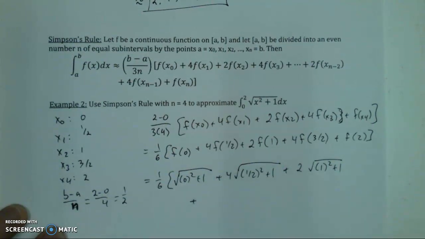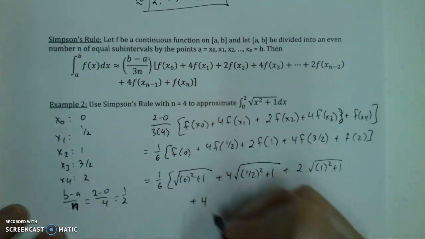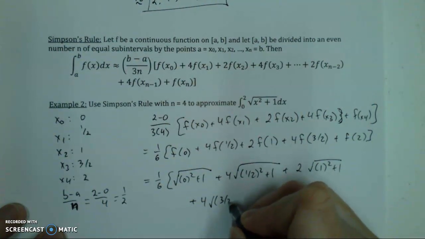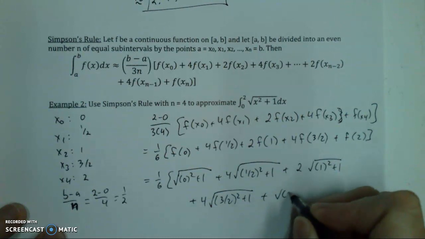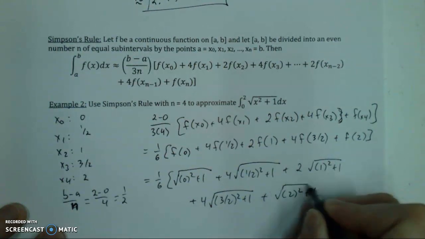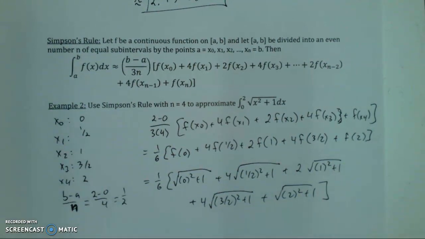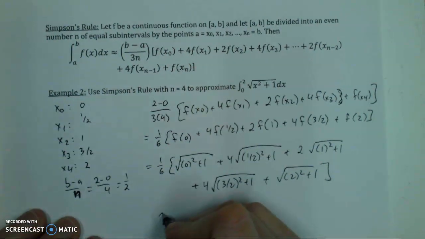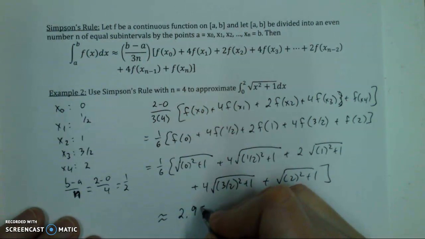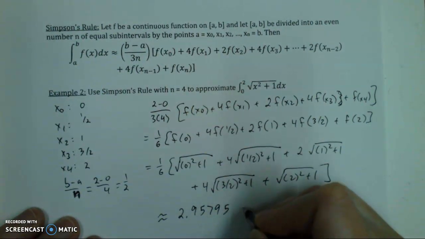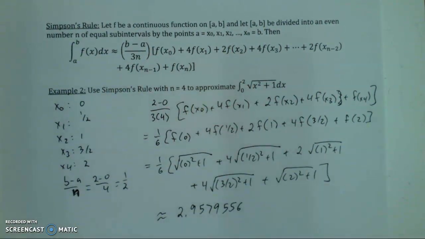I've run out of room, so I'm going to hop down a line here. So plus 4 times the square root of 3 halves squared plus 1 plus the square root of 2 squared plus 1. And once again, I'm going to type that in my calculator to actually do the number crunching part. And so when I typed all that in my calculator, I got approximately 2.9579556.